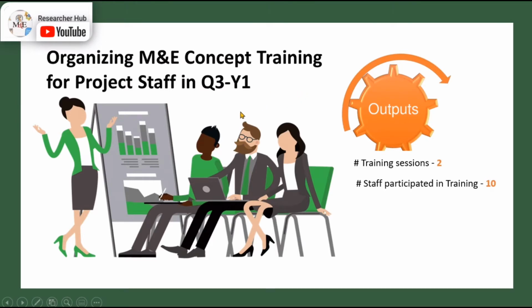How many training sessions would we like to have? Here, we would like to have 2 sessions of training. And how many staff do we want to involve? Here we want to involve 10 staff, maybe key staff. We don't want to involve everyone in the organization, we only want to involve 10 project staff.